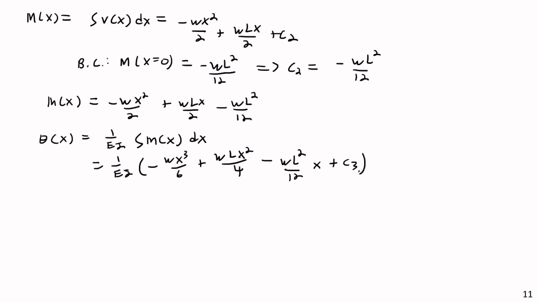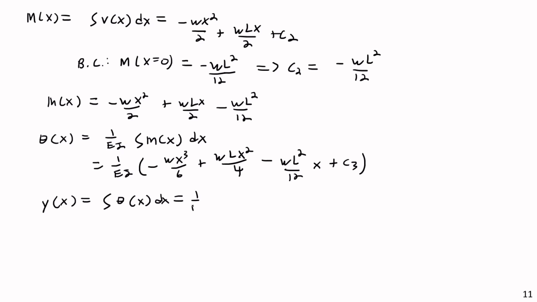And just like the other times we've done this, we're not going to be able to initially get that. So we'll keep going. Y as a function of x is equal to the integral of the rotation, or the slope, theta of x dx. You go ahead and take the integral of that with respect to x.